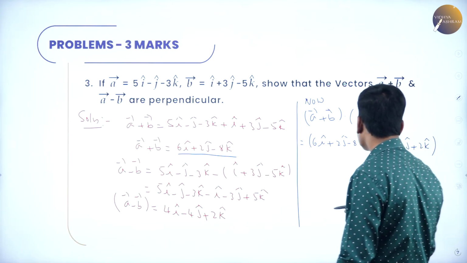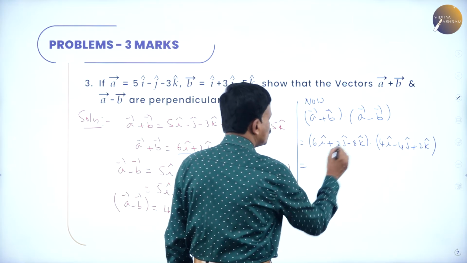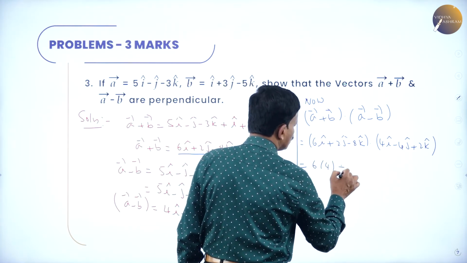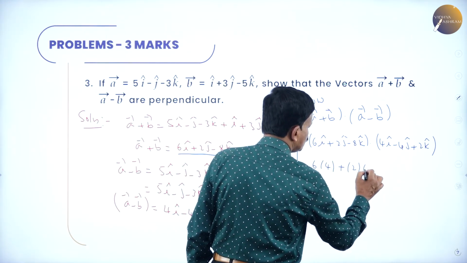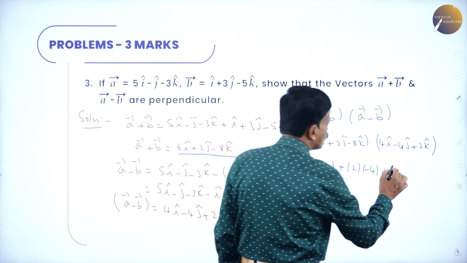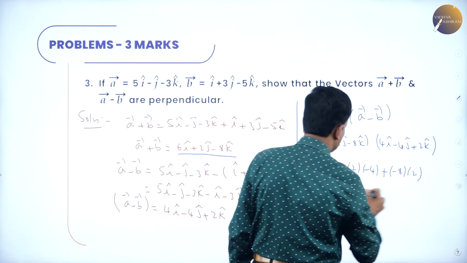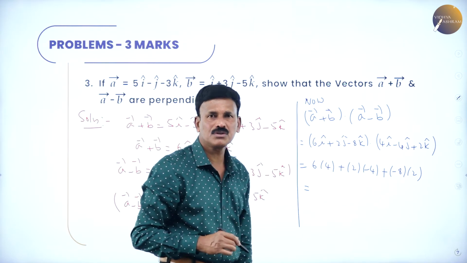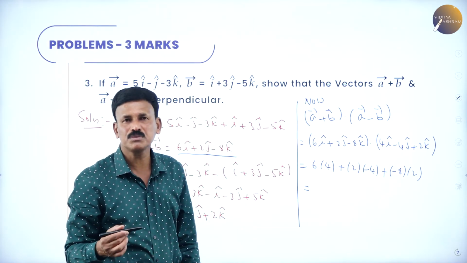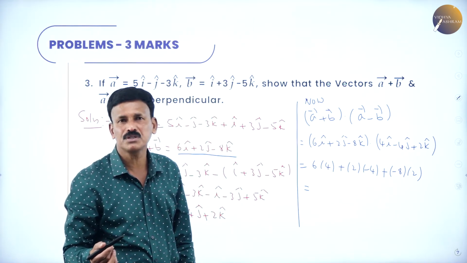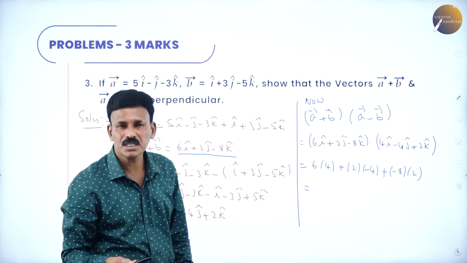Now multiply the corresponding coefficients. That's all: 6 into 4 plus 2 into minus 4 plus minus 8 into 2. If this is equal to 0, then A plus B dot A minus B equal to 0 means A plus B is perpendicular to A minus B. So, the answer we want to get here is 0.